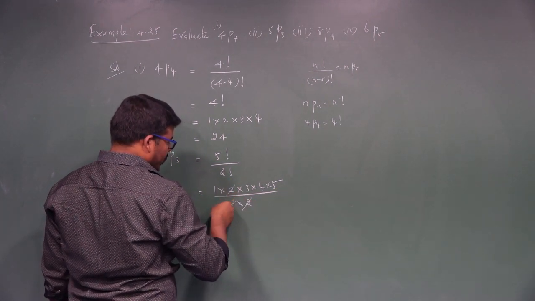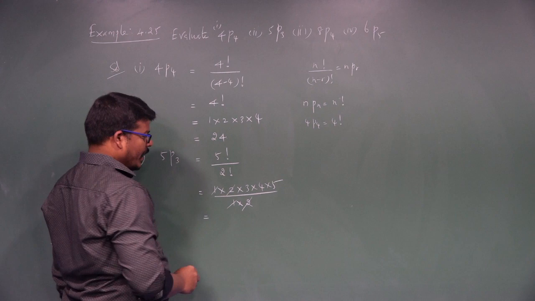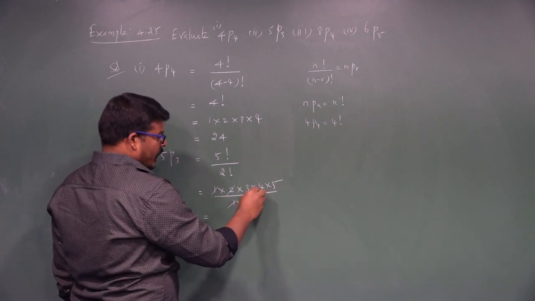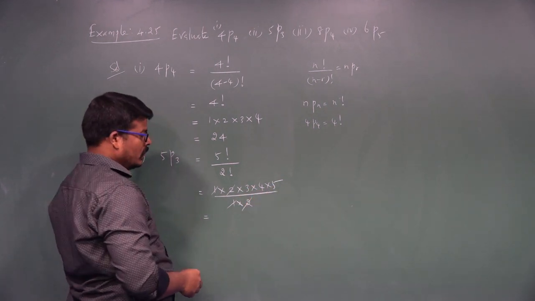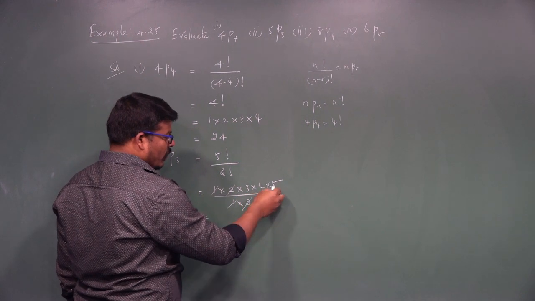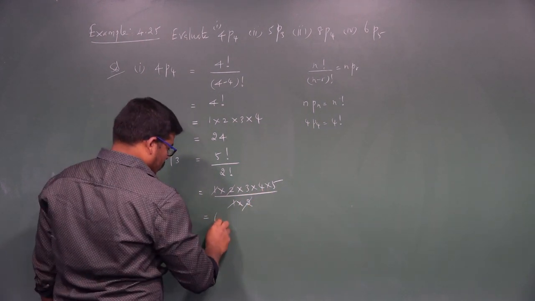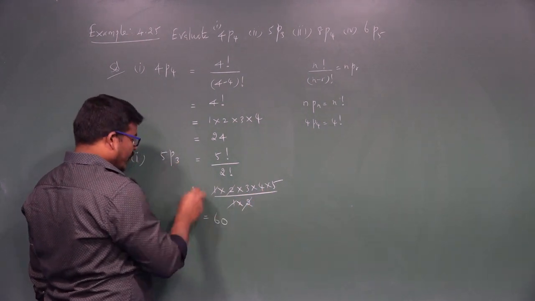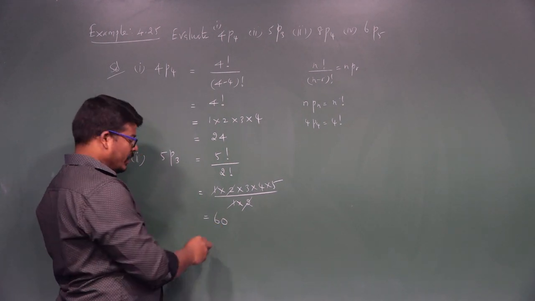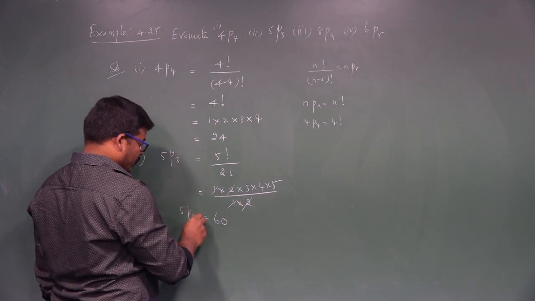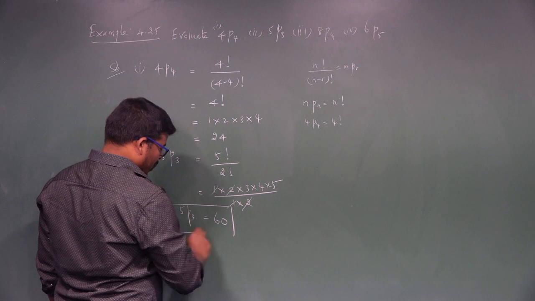The 2s cancel, the 1 cancels. Remaining is 3 into 4 into 5. 3 4s are 12, 12 into 5 is 60. 5P3 equal to 60.